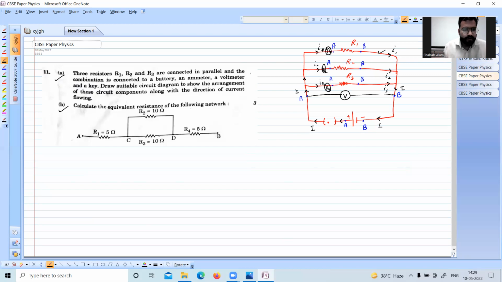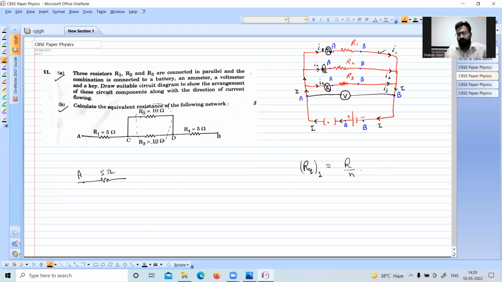Now if we talk about the next part, in this part we have a parallel combination. So from point A to point B we need to find the equivalent. If I talk about the mid part, equal resistors are there, then R equivalent is equal to R upon N, because equal resistors are given.